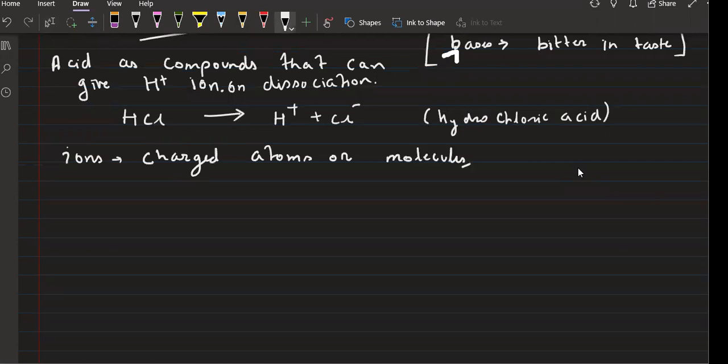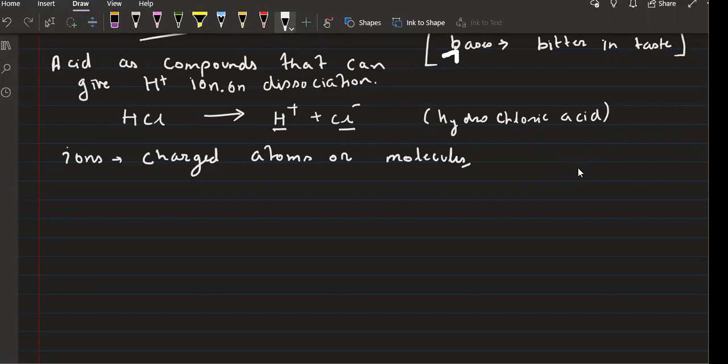And the same way, you should ask, here we have two charged atoms, yes or no? Both are ions, but they are different kinds. One is positive, one is negative.